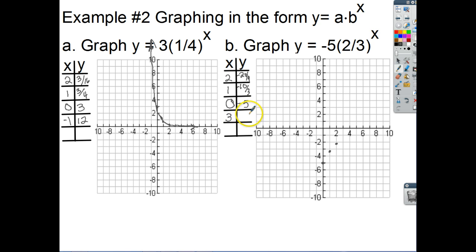Okay, and then 3, we're going to have 8 over 27, and 8 times 5 is negative 40 over 27. Okay, so let's say that's going to be, well, if that was a 30, it would be 1 1/3. It's going to be a little over 1, somewhere about in here.